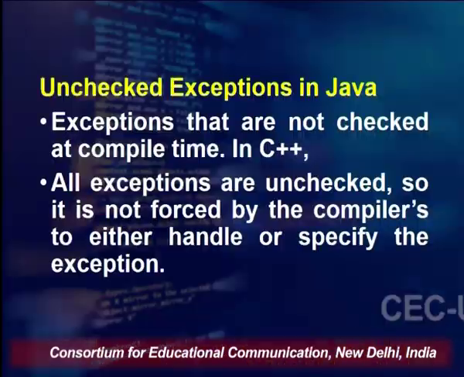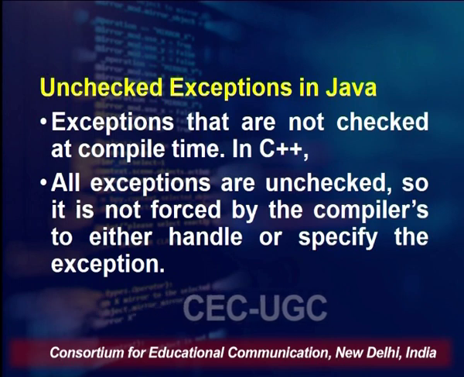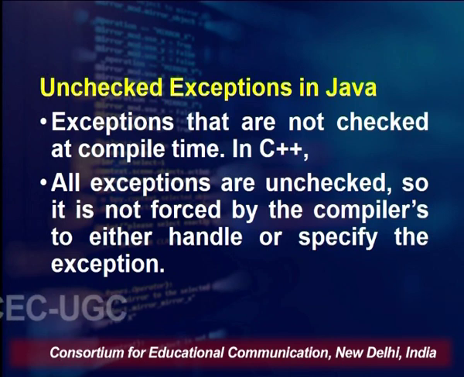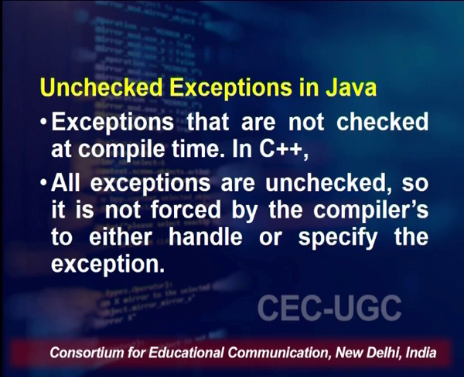Unchecked exceptions in Java are those which are not checked at the time of compilation. In C++, all the exceptions are unchecked, so the compiler does not force us to either handle or specify the exception.